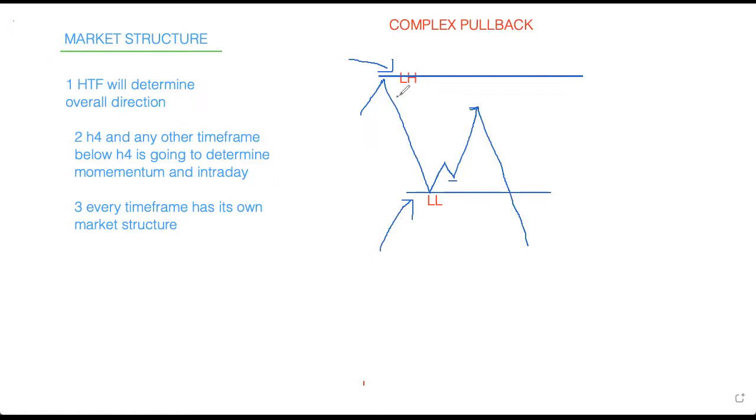Rather, we are just ranging in the area of the lower high and the lower low, and anything that happens in between this remains inside. We can't say structure has been broken, right? Now we can only say structure has been broken when it breaks this previous lower low or this previous lower high.